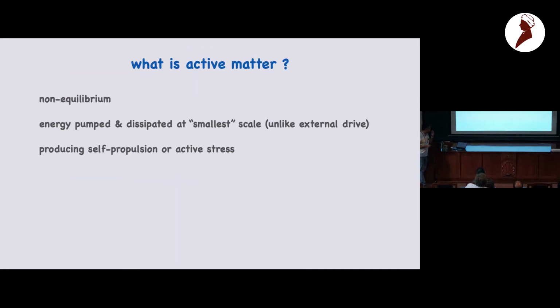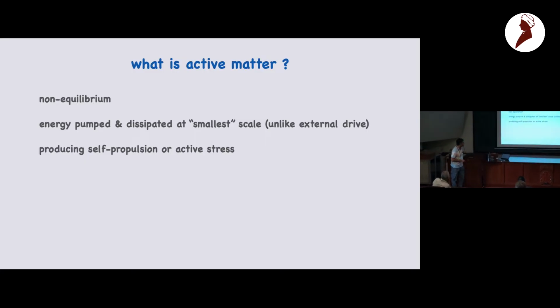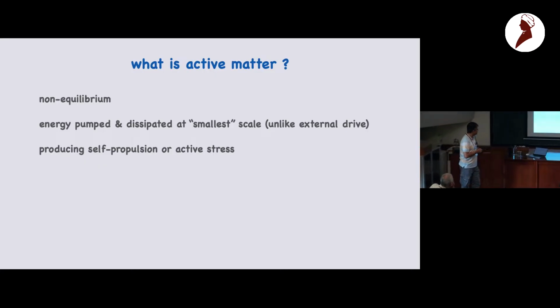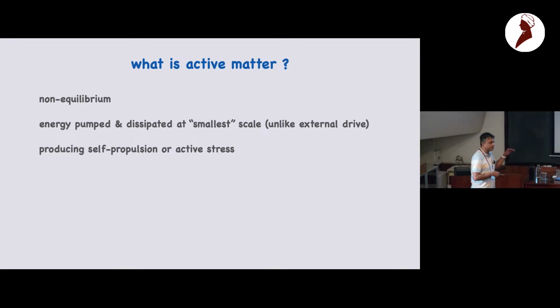I'm just giving a little background, although it might be too simple. So what is active matter? Of course, these systems are non-equilibrium, and the energy is pumped in and dissipated at the smallest scale, unlike passive matter driven out of equilibrium by an external drive.